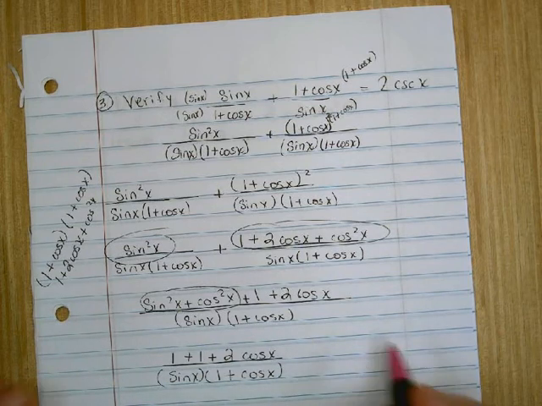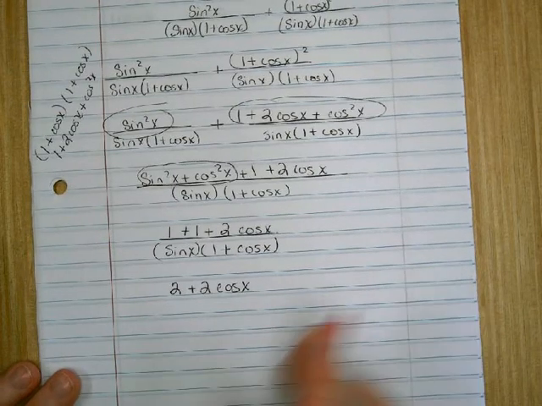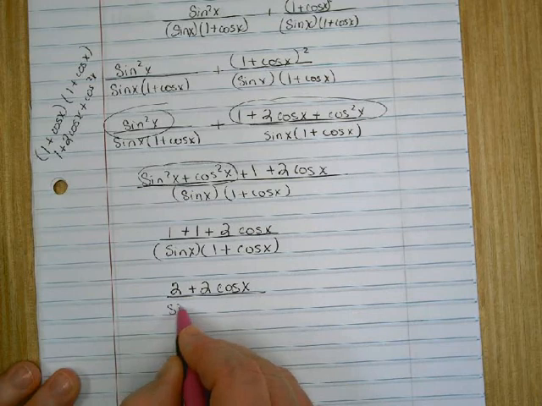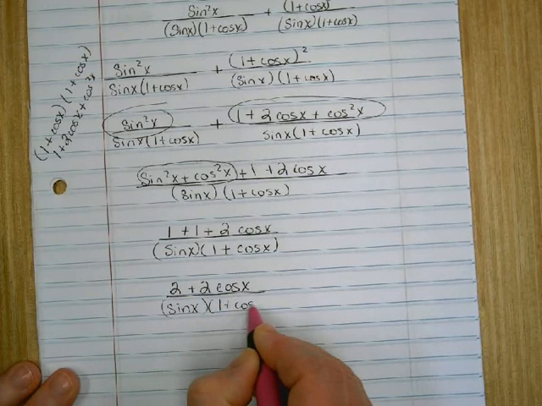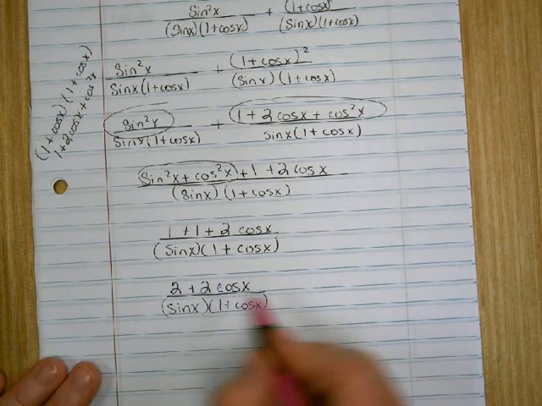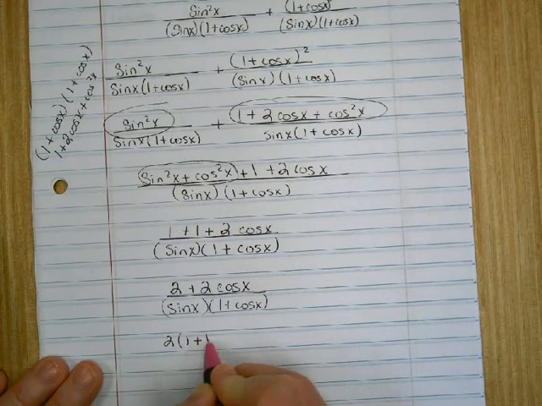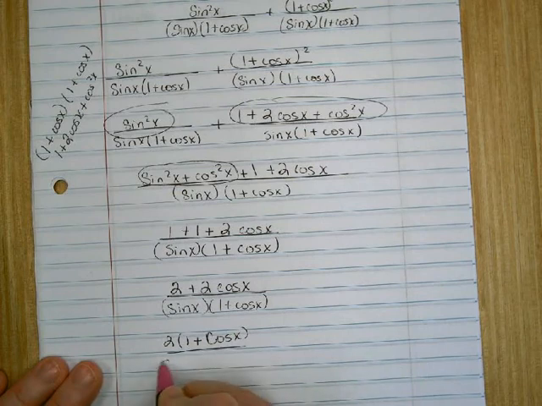So I have 2 plus 2 cosine x over sine x times 1 plus cosine x. Now I can factor out a 2 from the top, so this is 2 times 1 plus cosine x, over sine x times 1 plus cosine x.